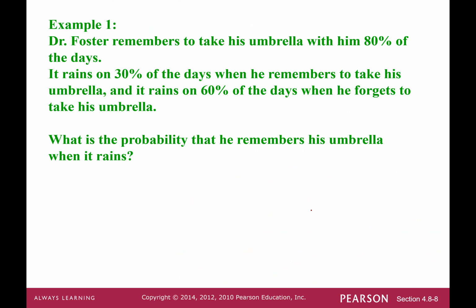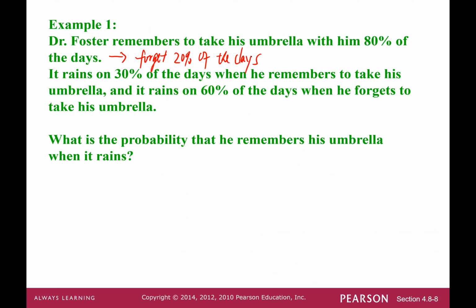Let's say Dr. Forster remembers to take his umbrella with him 80% of the days. Now, another way of saying this is the counter argument is 20% of the time he forgets it. Forgets 20% of the days.